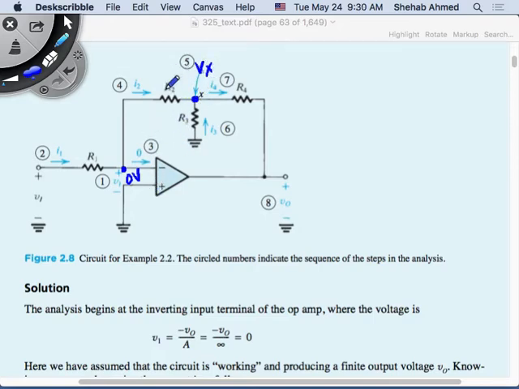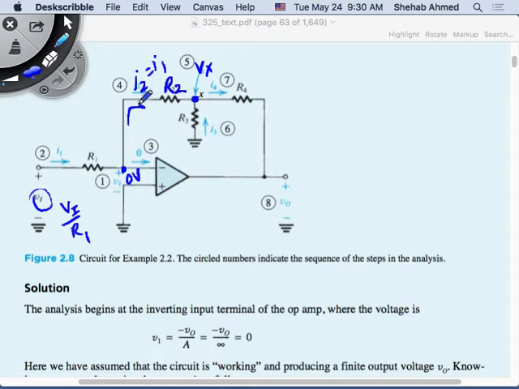I know the value for R2, and I know I2, because I2 is equal to I1, and it's equal to Vi over R1. So I know the current, I know the resistance, and I know the voltage on one side of the resistance. Sorry, I don't know Vx.